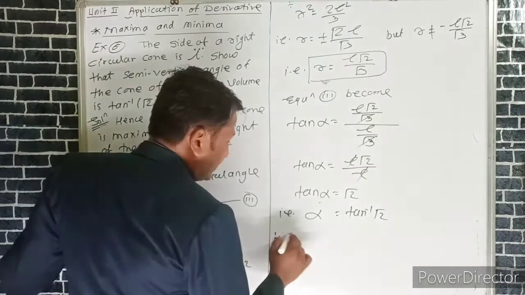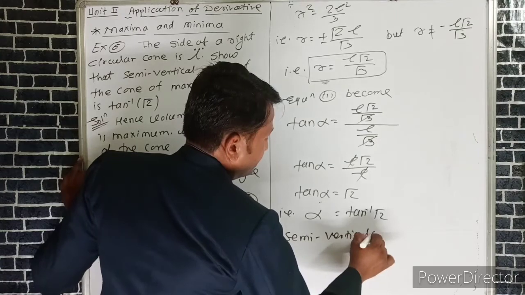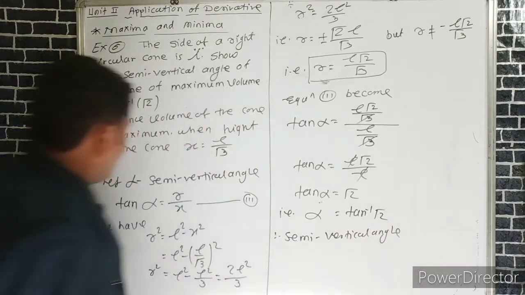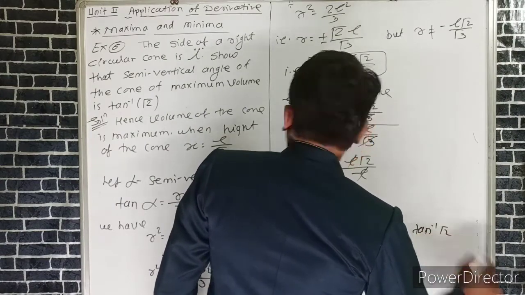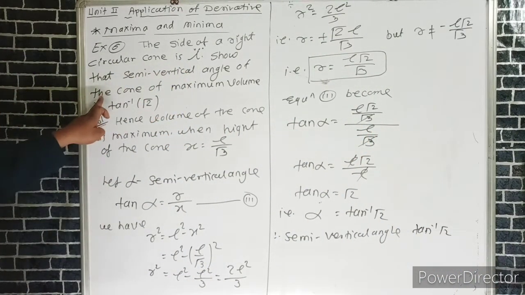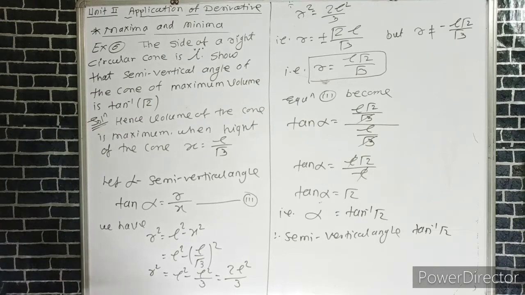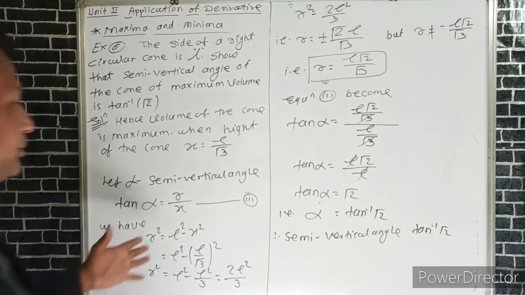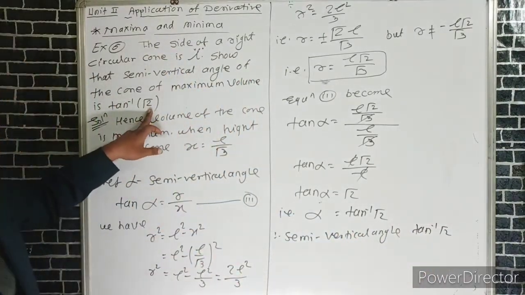So we can write the semi-vertical angle alpha is tan inverse of root 2 when the volume is maximum. Hence proved.